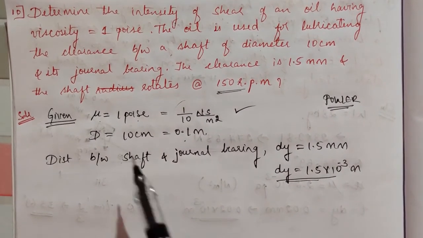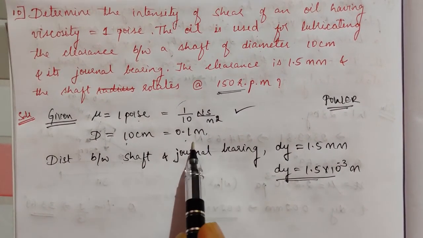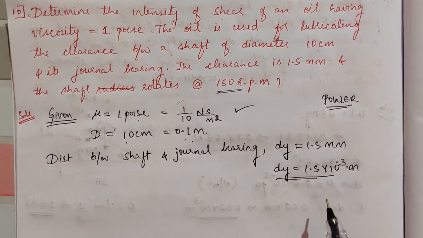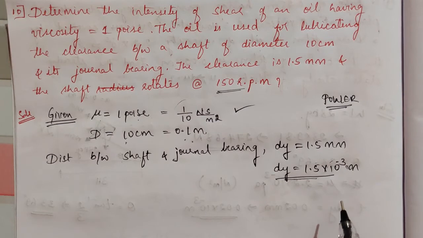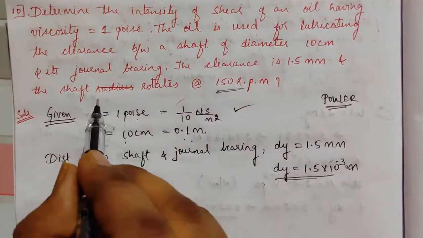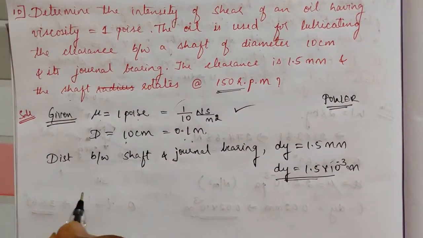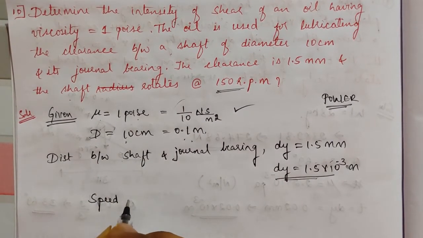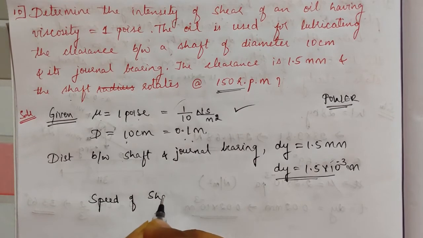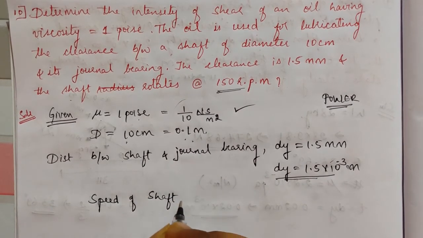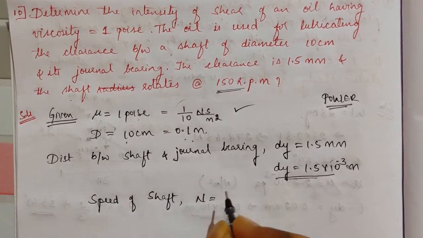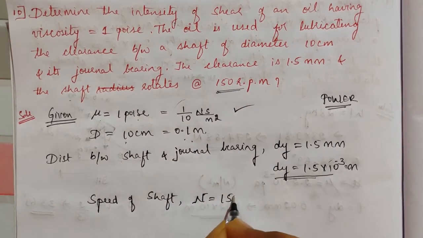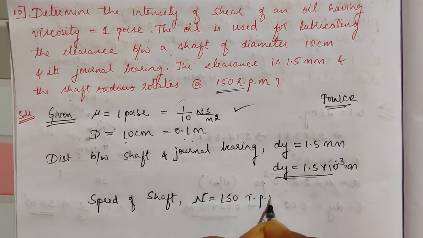D is 10 centimeter, it's 0.1 meter. I converted the distance between the shaft and the journal bearing also. And the speed of the shaft they have given, I'll term it as n. Whatever the speed of the shaft they have given is termed n, and it is 150 rpm.